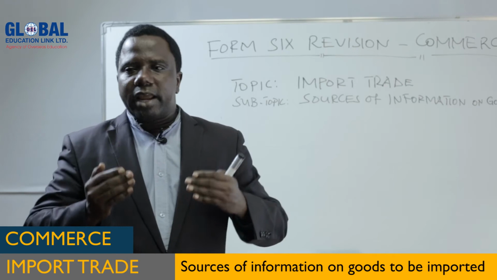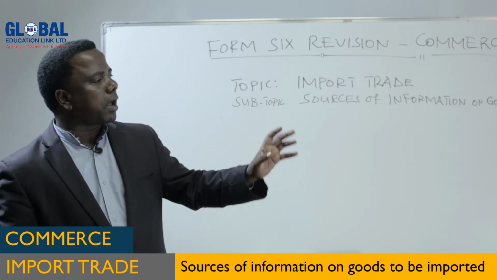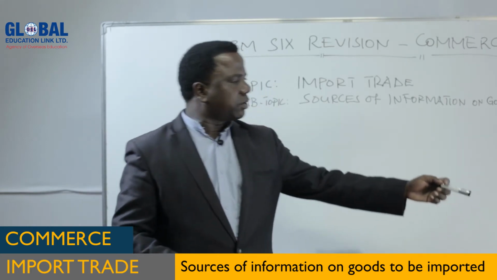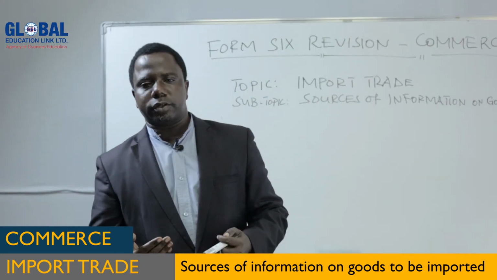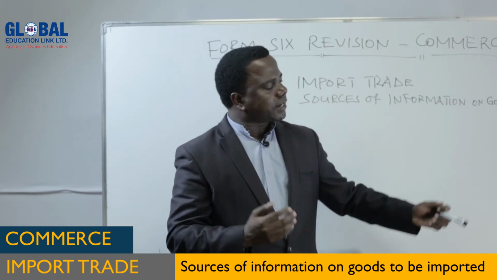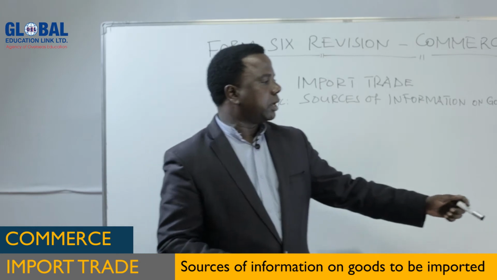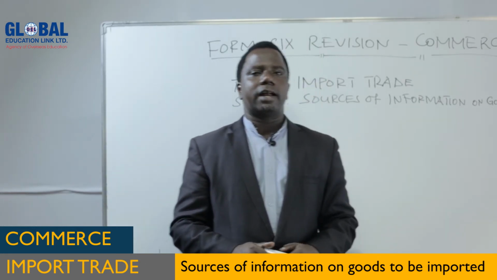So when you need any information about importing goods from other countries, you just go to TanTrade. There you can be provided with useful information for the goods you want to import. If you need any information concerning a certain country you want to import from, you can get relevant information from TanTrade.